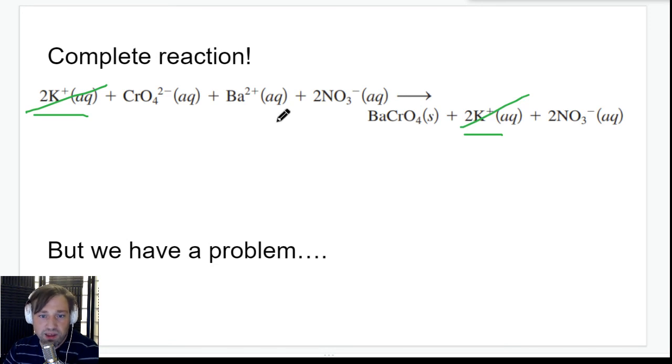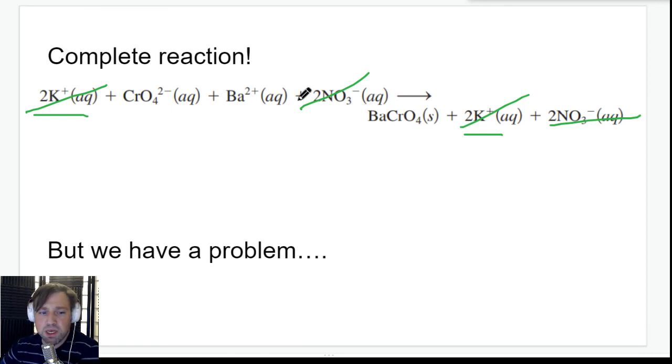They don't do anything, right? The nitrates too. We can cross those guys out. They're what we call spectator ions. These ions aren't actually part of the reaction. They just were paired with the barium and the chromate before the reaction took place. So these guys are called spectator ions. Spectator, because they're watching, they're not actually getting mixed up in the fun bits of the reaction.